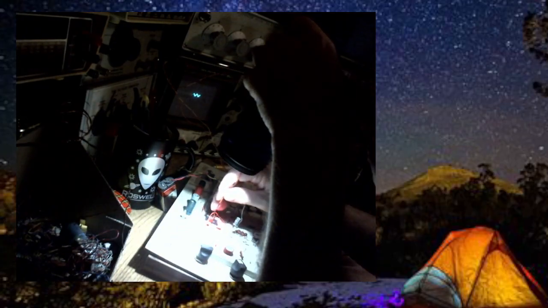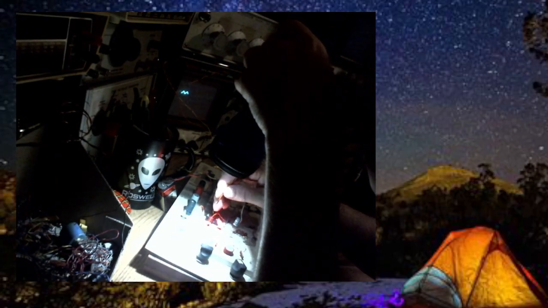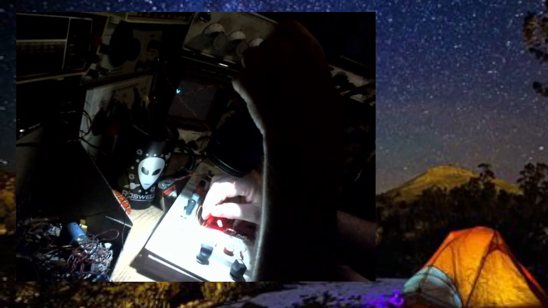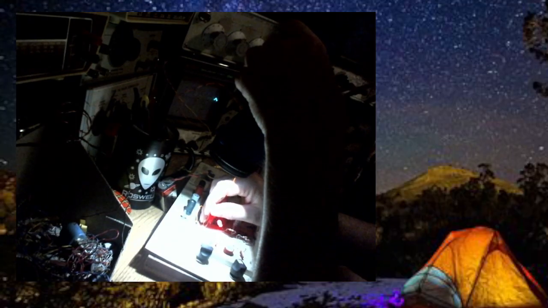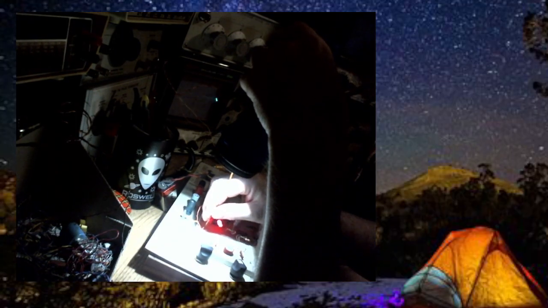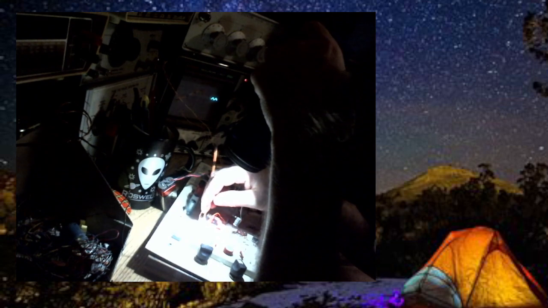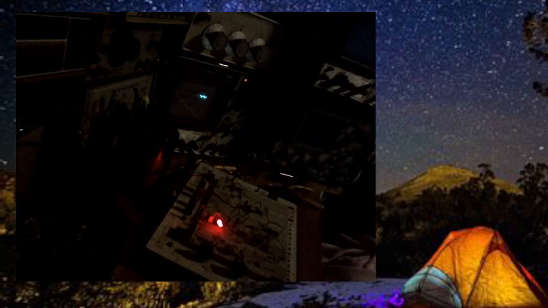Okay, that just grounded it because that was on the other side of ground. Now that's on the other side of the LED.